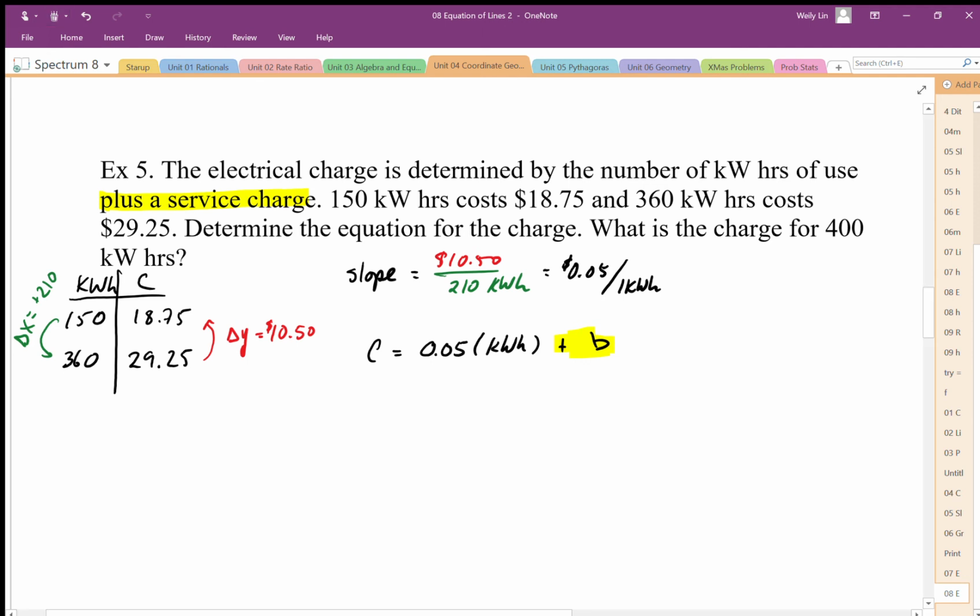So if I want to find b, I can plug in any pair. I'm going to choose a charge of $18.75 that goes with 150 kilowatt hours plus b. So 0.05 times 150 is going to give me $7.50.